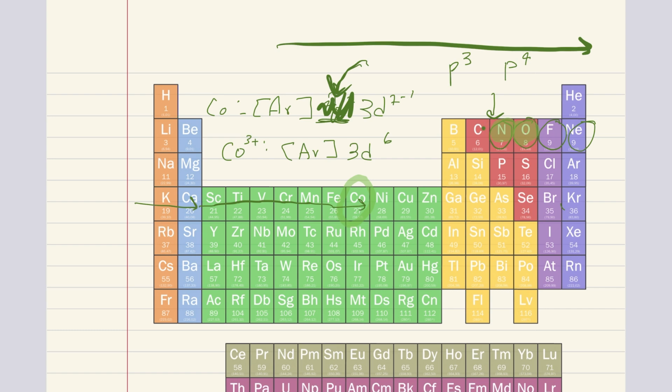Nitrogen has a 2p3 configuration, meaning it has 3 unpaired electrons occupying different p orbitals. And this is relatively stable. This is a stable arrangement due to the minimized electron-electron repulsions. Each electron gets its own orbital.